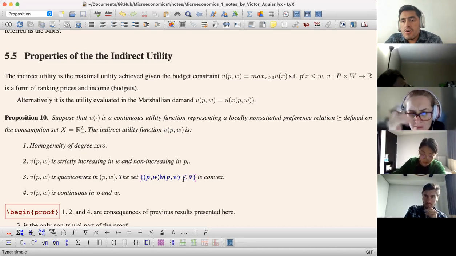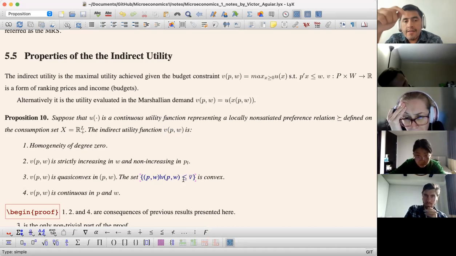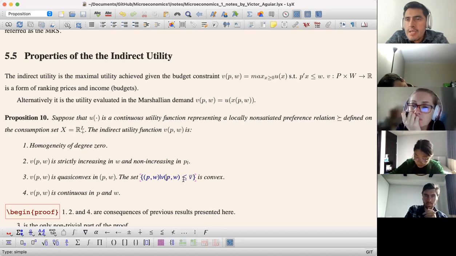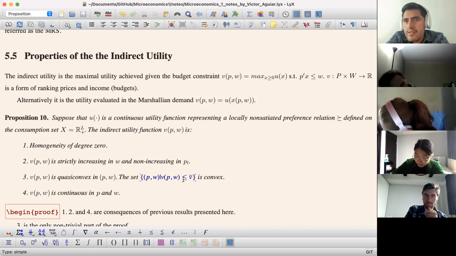If that happens, then you declare the indirect utility V to be quasi-convex. Essentially this property is just geometrical. It doesn't have any deep behavioral meaning, except that it's a property of maximizing a utility subject to a linear budget. So when you do that, you end up with this object that is quasi-convex.